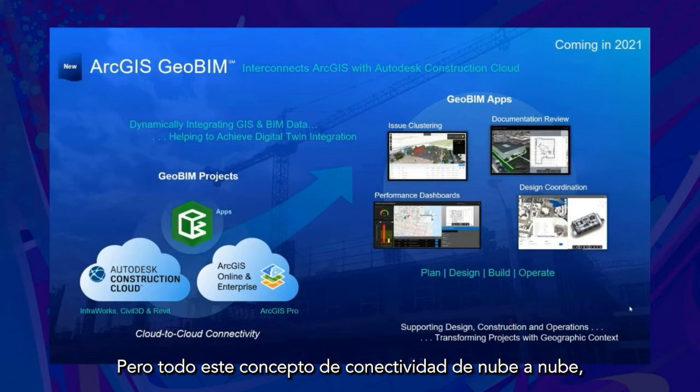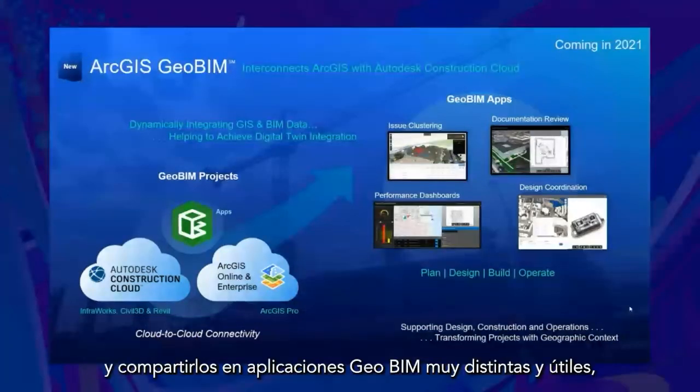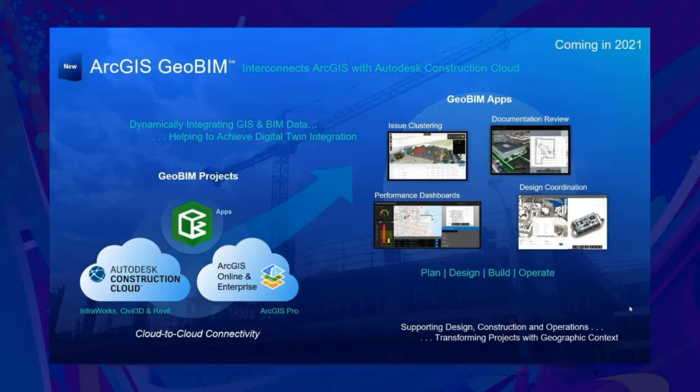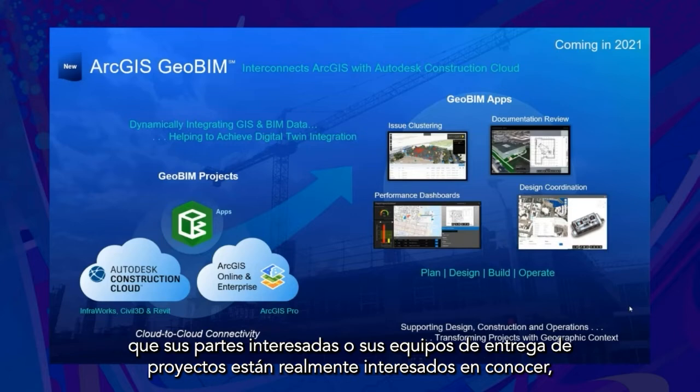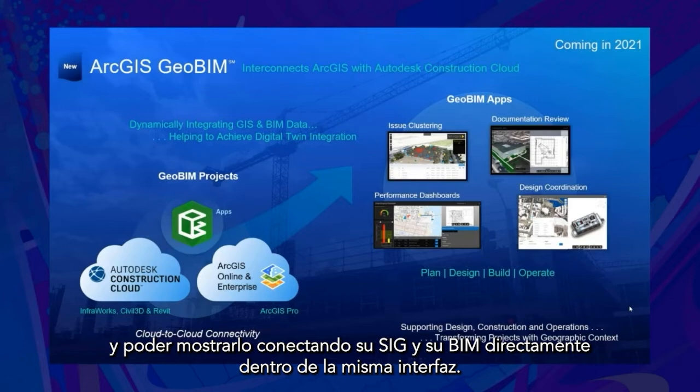But this whole concept of cloud-to-cloud connectivity is to help enable users to experience both their BIM and GIS process data together and share that out in very distinct and useful GeoBIM applications that their stakeholders or their project delivery teams are really interested in understanding about, let's say, the business cases, the statusing, the performance of their projects, and being able to showcase that by connecting both their GIS and BIM directly within the same interface.